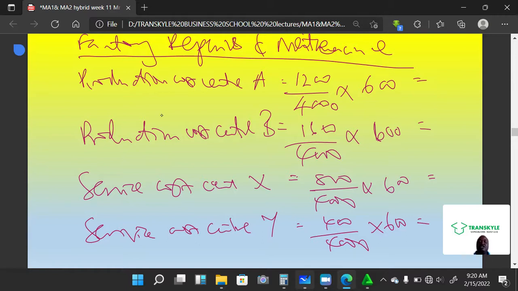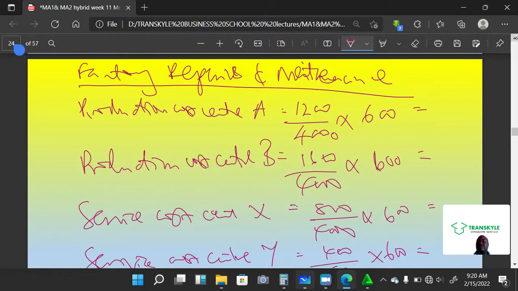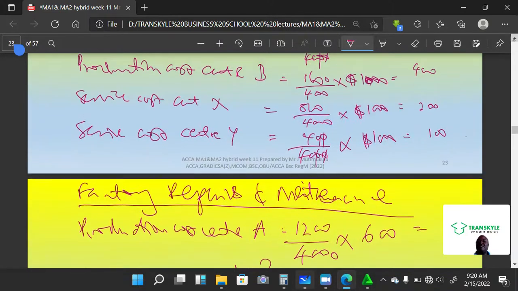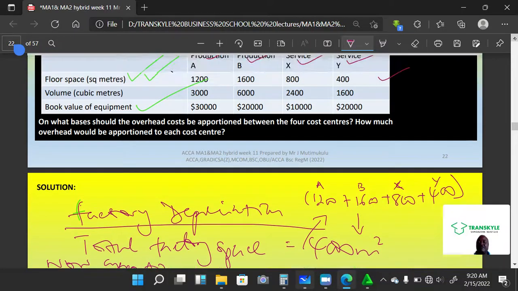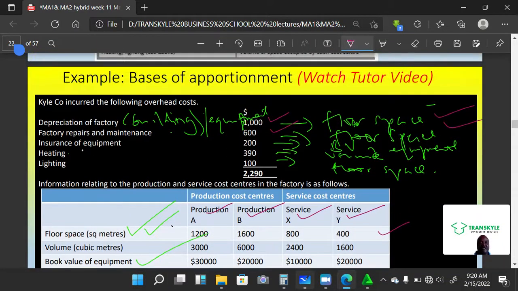All right, so you do the same, but what you have to do is to know what basis is being applied. Let's say you want to find the apportionment for insurance of equipment. To apportion this 200 among these cost centers, you have to know the basis of apportionment.